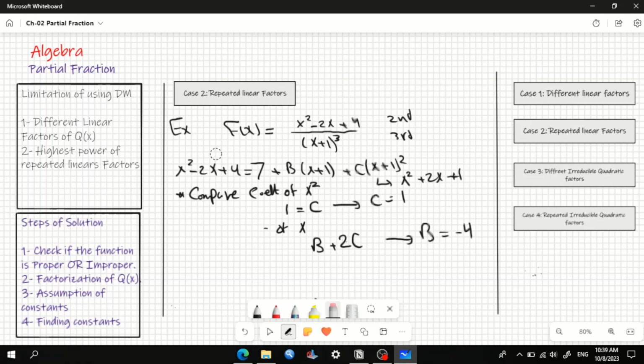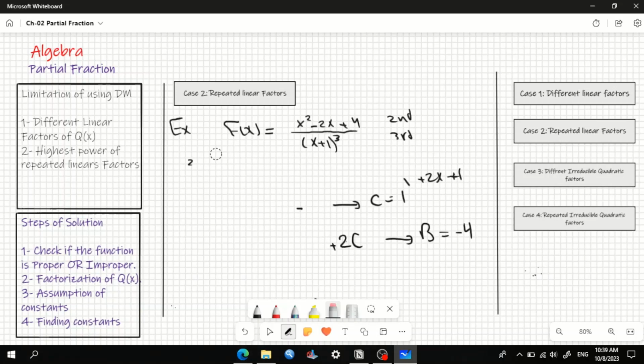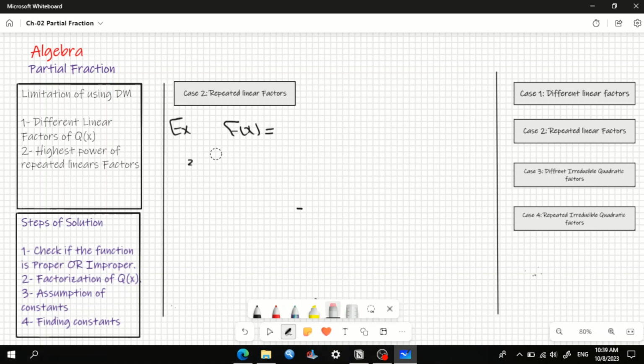Okay, let's move to another example here. f of x equal to 6x plus 1 over x cubed times 2x minus 1.